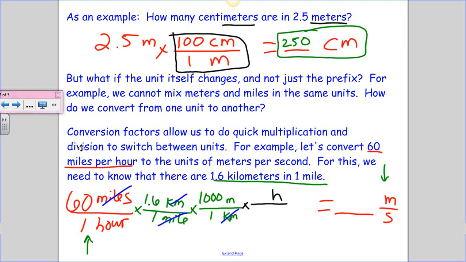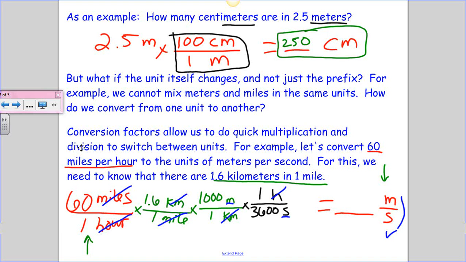There are 60 minutes in an hour and 60 seconds in a minute. So it's 60 times 60, which is 3,600 seconds in 1 hour. You will come to just know this off the top of your head. So now, our units of hours cancel, and we are left with meters here and seconds here. And just to check, meters per second, that's what we want.